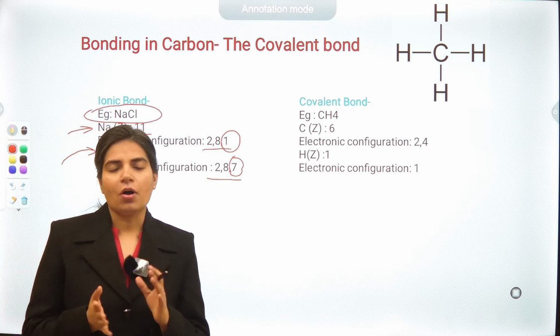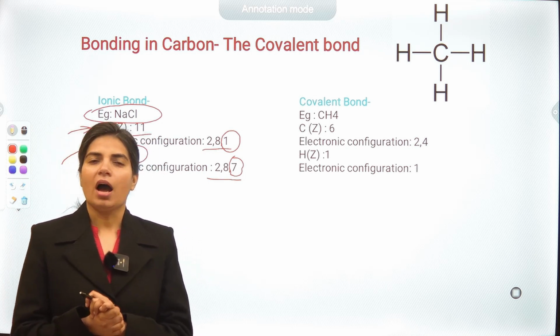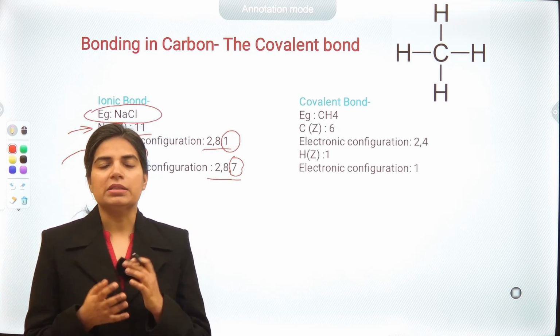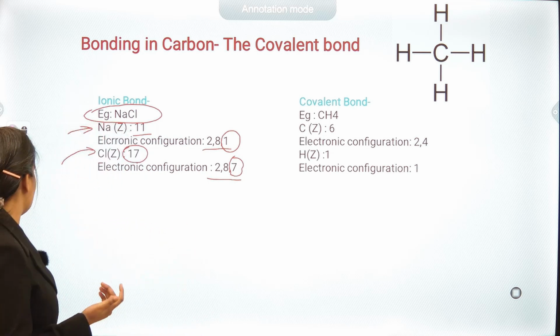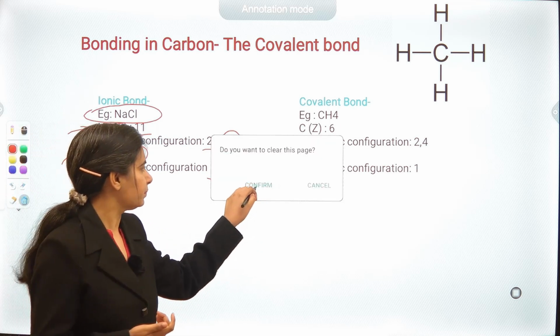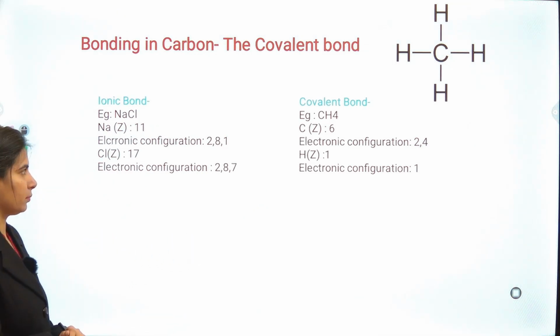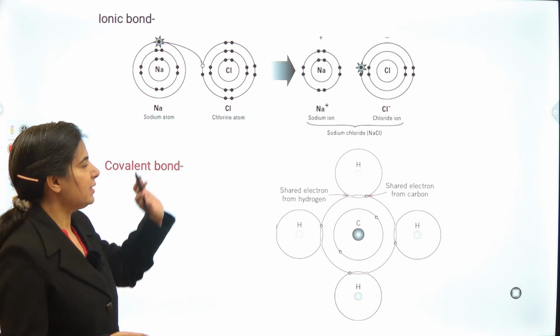And as per octet rule, there should be 8 electrons in outermost shell. So how is our compound going to get stable? How do our atoms achieve stability? Let's see. This is the example of NaCl.